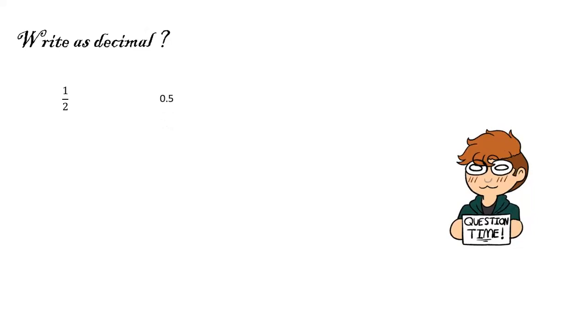And we have another number, like you see, -2 1 over 4. If we convert it to a decimal number, it will be -2.25. So we convert the fraction to a decimal number.